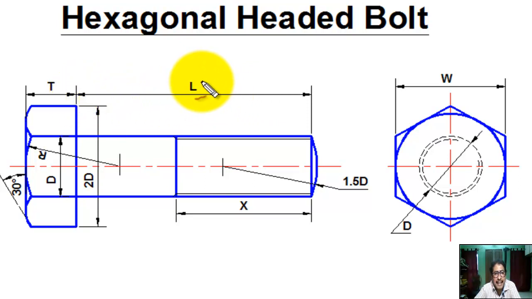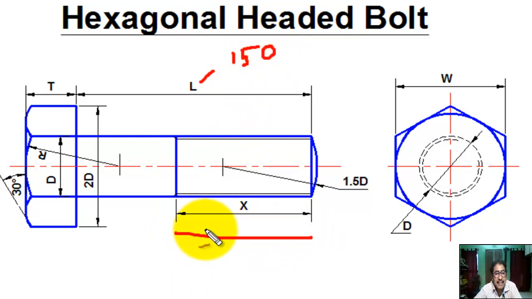Here we take L equal to 150 millimeter. This is the standard thread length X equal to 2D plus 6 millimeter. This is arc 1.5D, this is for thread.